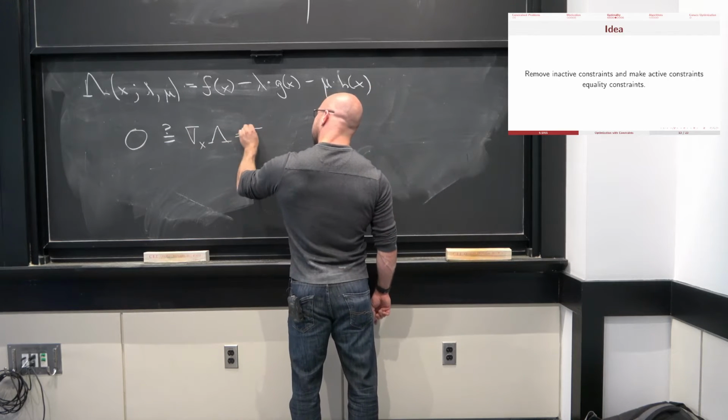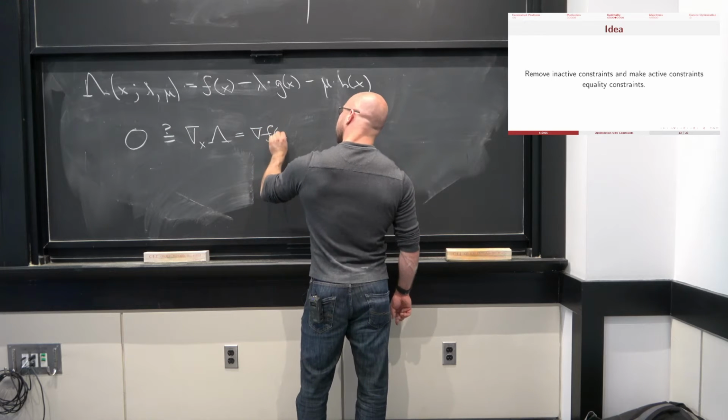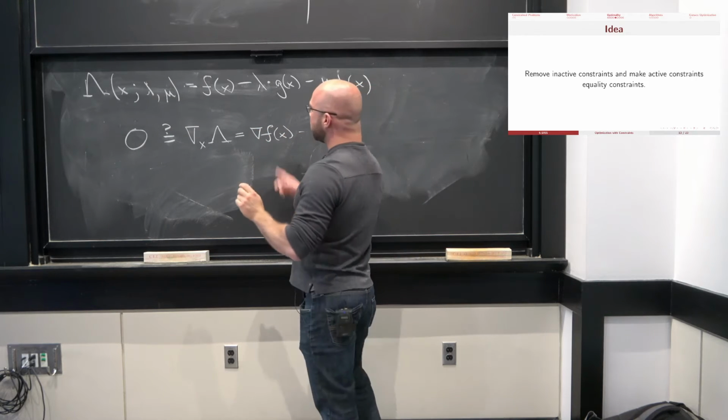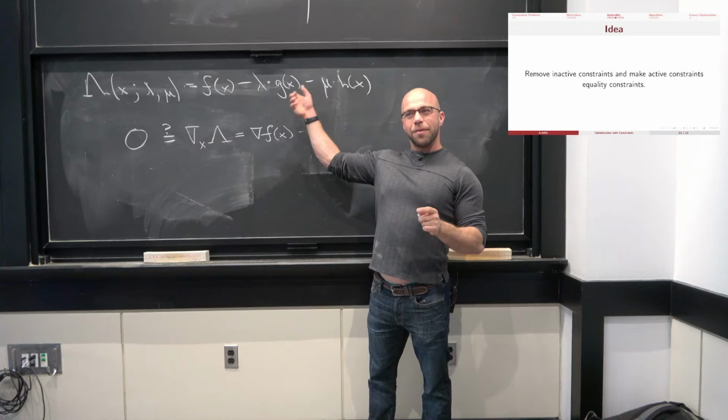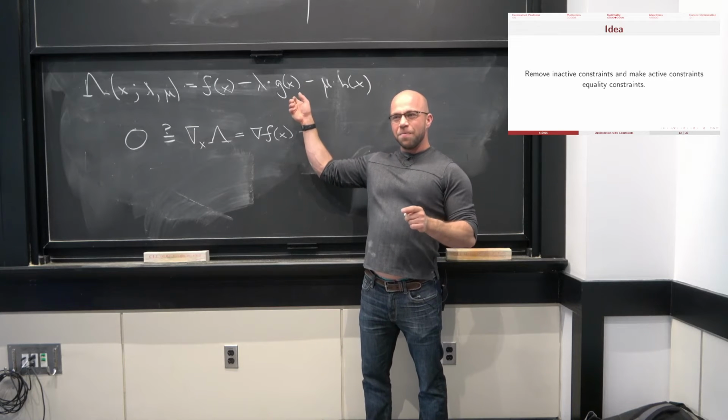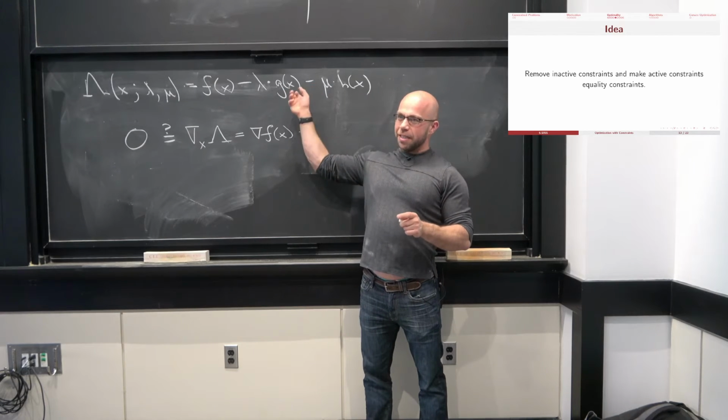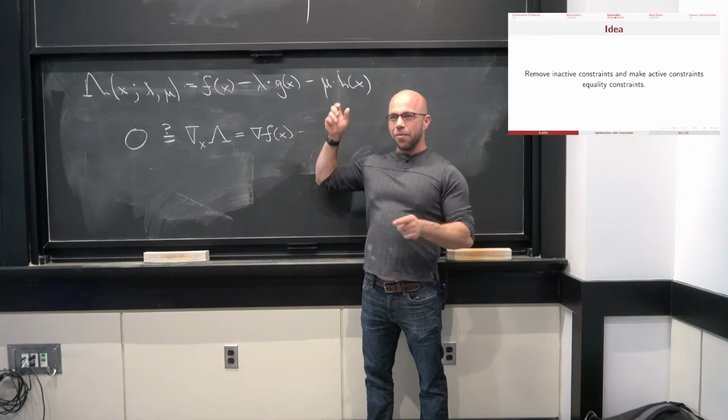So it would be grad f at x minus, and by the way, I don't usually do this in this class. We like to use vectorized notation. But because we're about to take gradients of each of the g's independently, I'm going to write this as a sum.